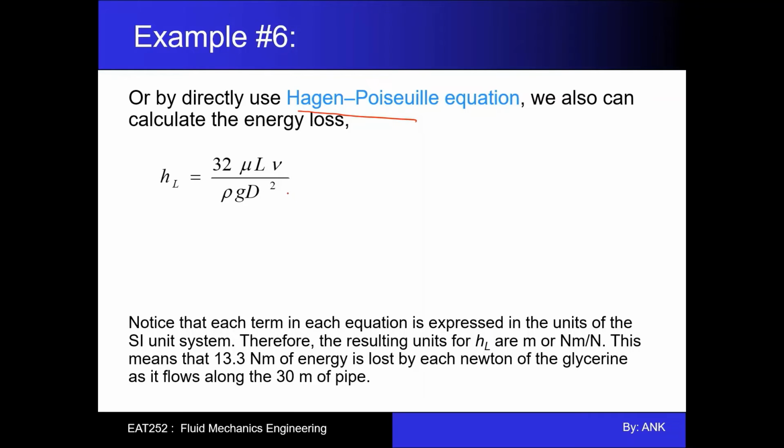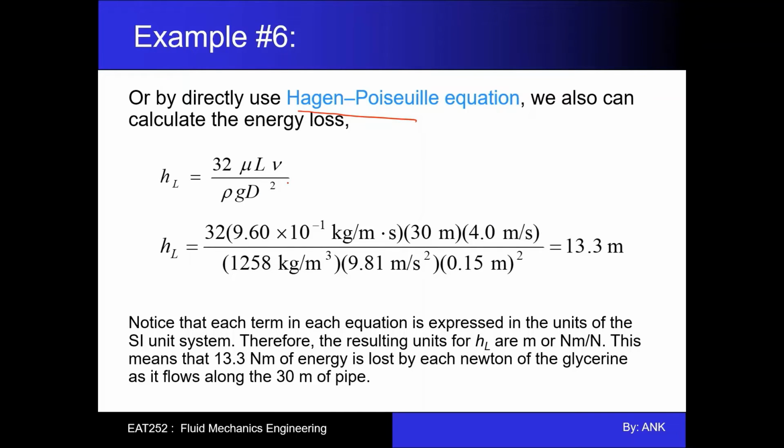HL is equal to 32 times the dynamic viscosity, times the total length of pipe, times velocity of flow, divided by the density of fluid, in this case glycerin, times the gravity, times the diameter of pipe squared.